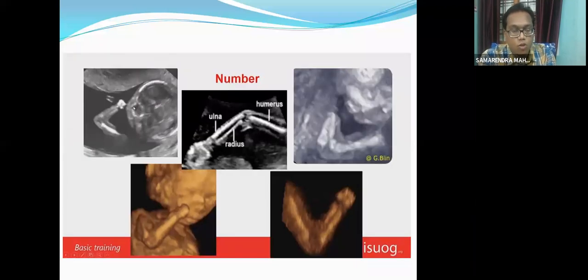So, coming to number, first of all we have to examine that all the four limbs are present. Number two, in each limb, three segments should be present. And number three, in each segment, the proper bone should be present.